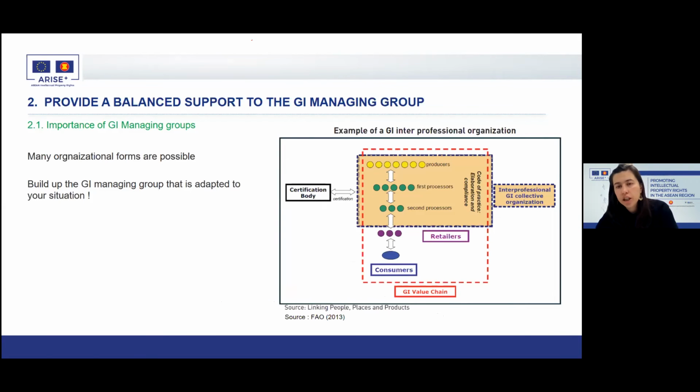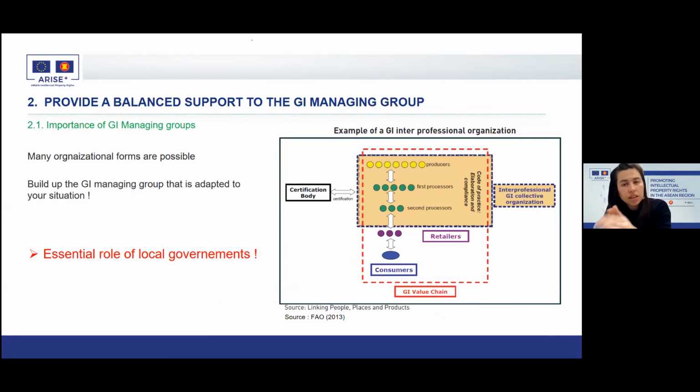This is a very generic example proposed by FAO. Finally, what is also very important is the role of the state, and particularly the role of local governments, which is essential in the establishment of such a GI interprofessional organization, because they accompany the whole process and validate authorizations.